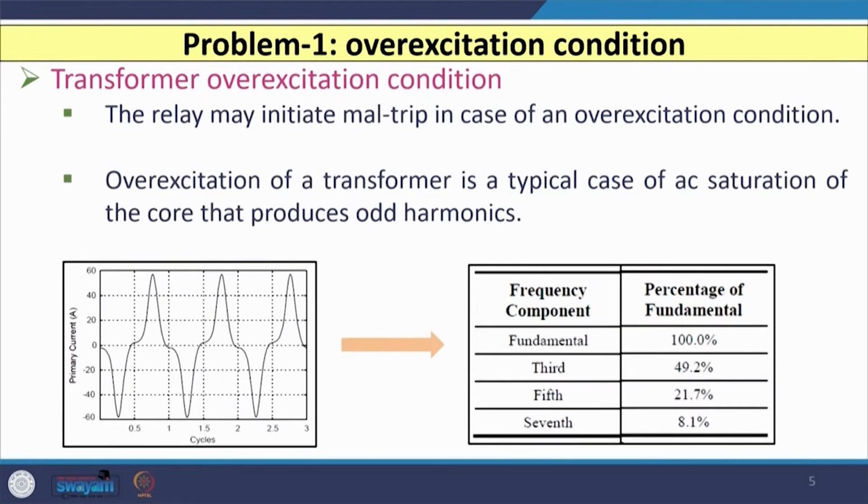In this case the relay may initiate a wrong trip in over excitation condition, and this needs to be avoided by taking some precaution in the digital or numerical relay.